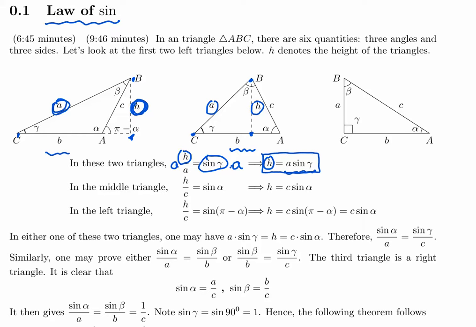So that's important. Now, let's look at sine alpha in this case. In the middle triangle, the one right here, we have this triangle B, A, and this vertex.